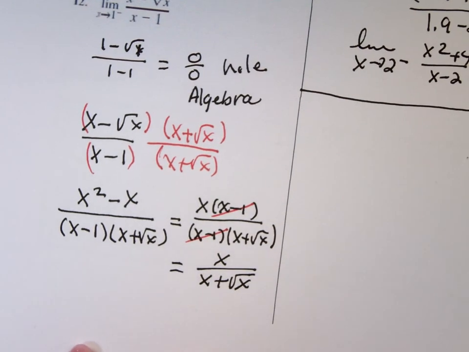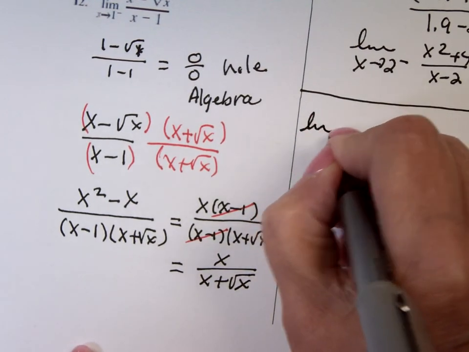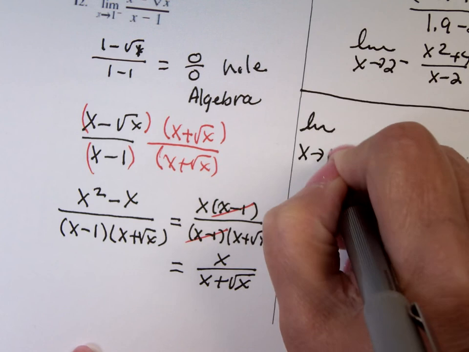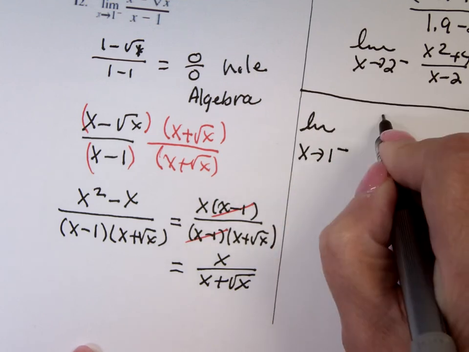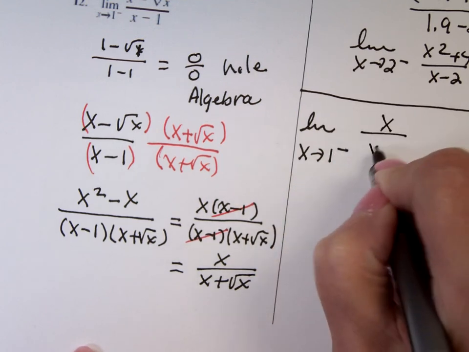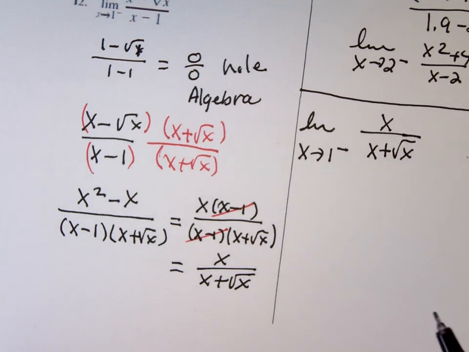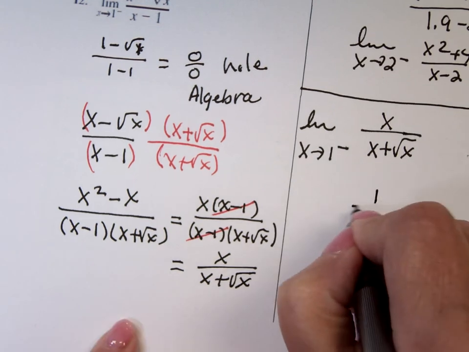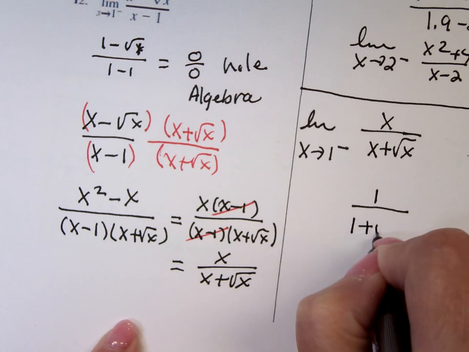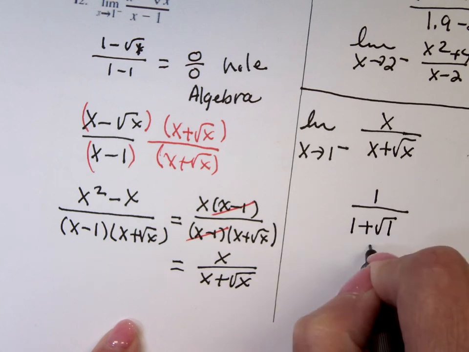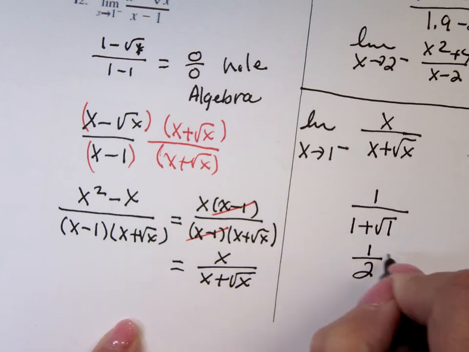So, take the limit as x goes to 1 from the left of x over x plus the square root of x. Now, I don't have an issue when I plug in 1, do I? Is there an issue when I plug in 1? Nah. So I can just plug it in. So 1 over 1 plus the square root of 1 is 1 over 2, or 1/2.